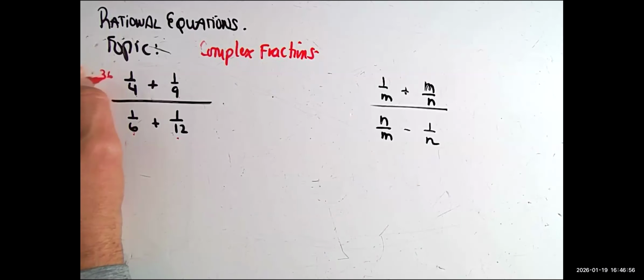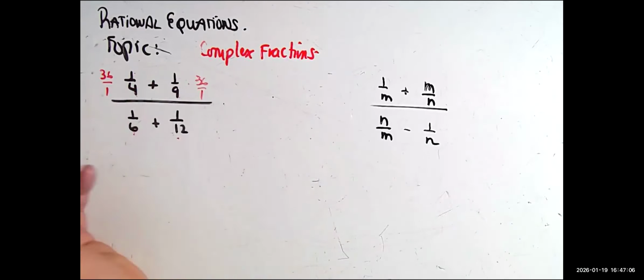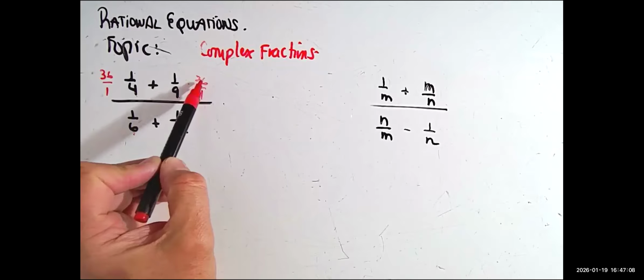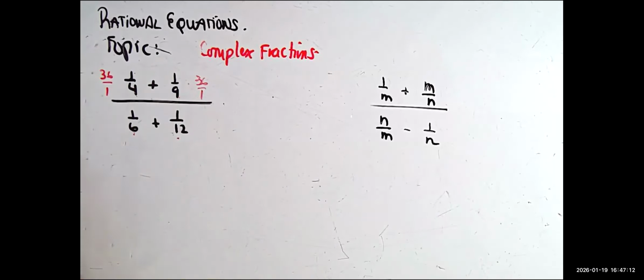I'm going to multiply by 36. I like to put it over 1, so I'm not tempted to do 36 times 1 and 36 times 4. That's a big no-no. So if I write 36 over 1, I know that I need to multiply 1 times 36, 1 times 9, and simplify accordingly.